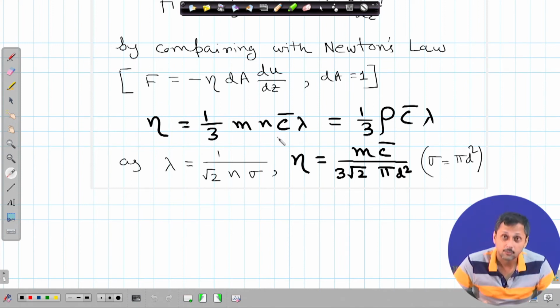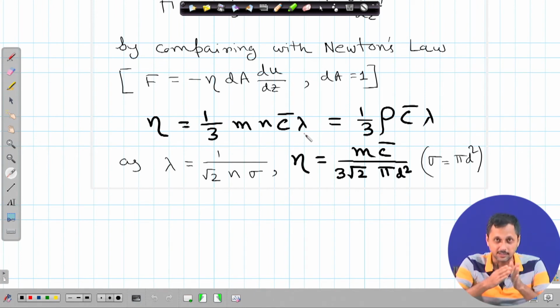And next, what happens at very high pressure? At very high pressure, lambda becomes comparable with the intermolecular separation. In one of the earlier lectures where we solved problems, I showed you that at STP the average intermolecular separation is of the order of a nanometer, whereas lambda is at least 2 orders of magnitude higher than that.